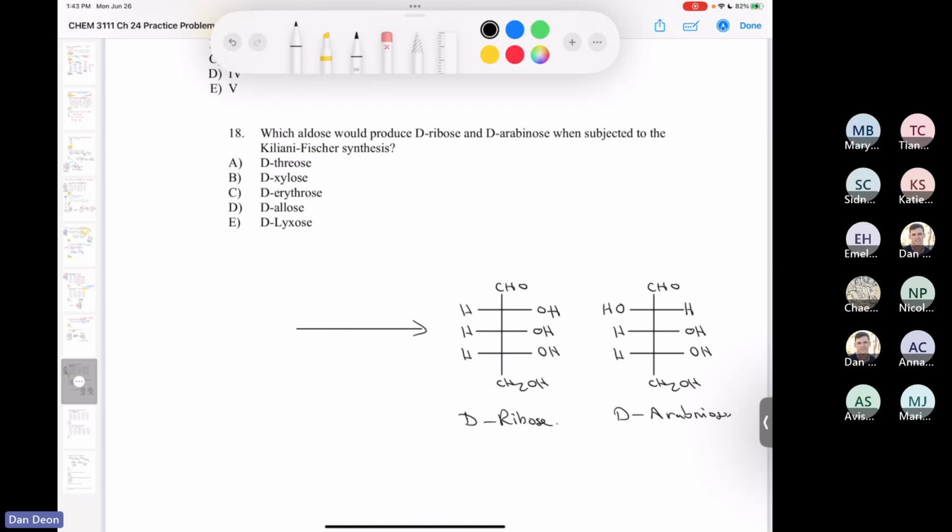Okay, so Kiliani-Fisher synthesis. Remember, this is going to add 1 carbon. So if we're adding a carbon, all we're going to have to do is chop a carbon off. So we're going to chop off this carbon here off the top. So we're losing that one. And then the carbon that I have in blue, that's the one that's going to become the aldehyde.